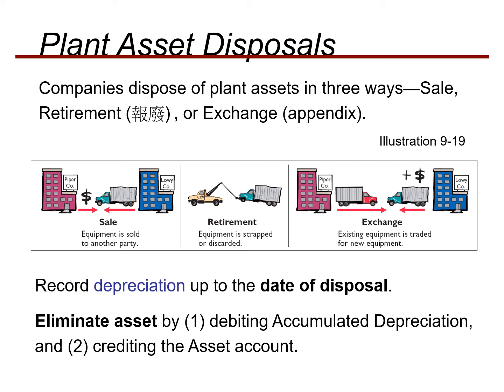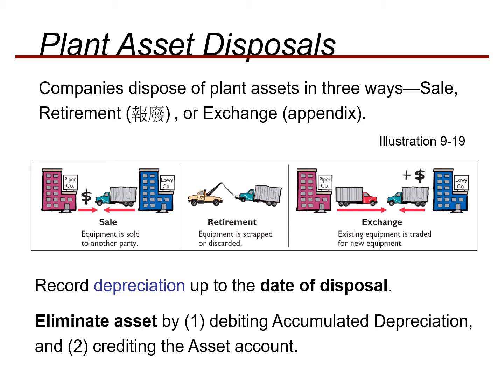Because, as we say, a company disposes of plant assets in three ways. There are basically three ways of getting rid of your asset. The first one is sale, the second one is retirement, and the third one is exchange.